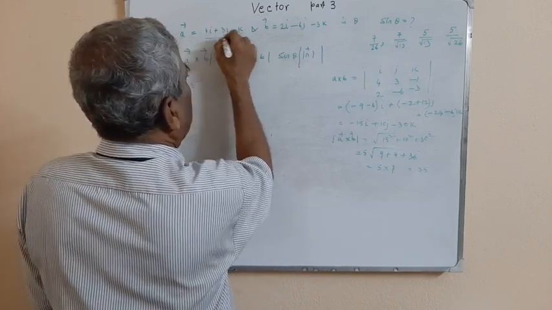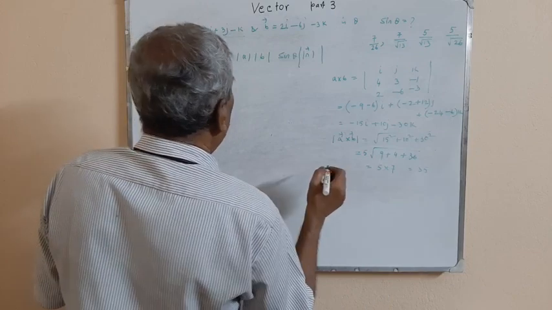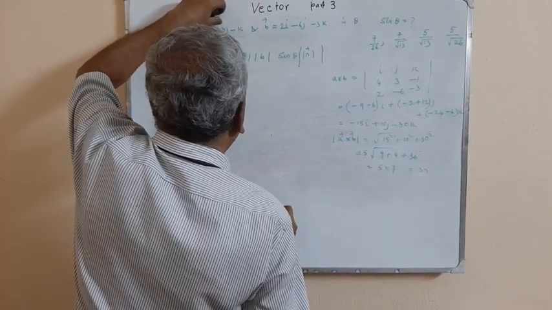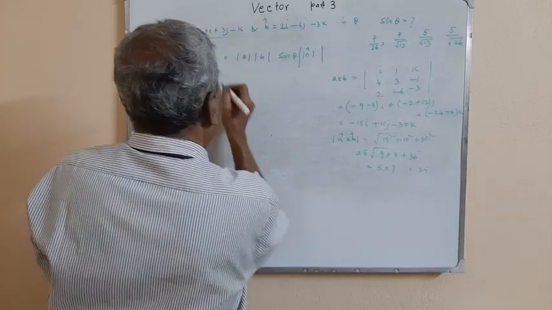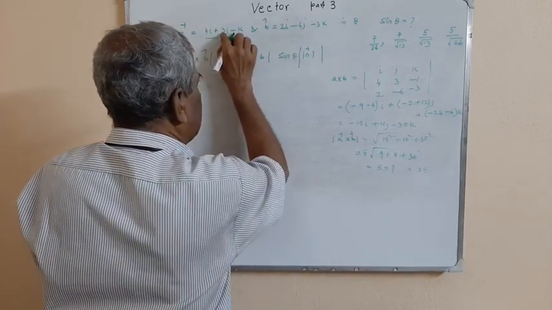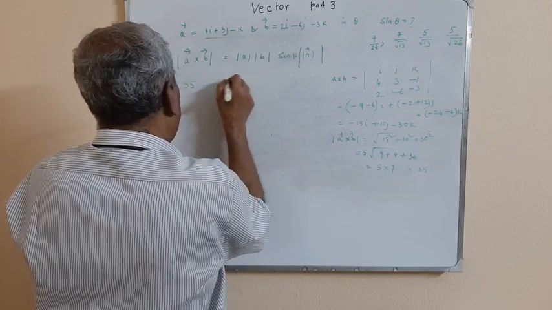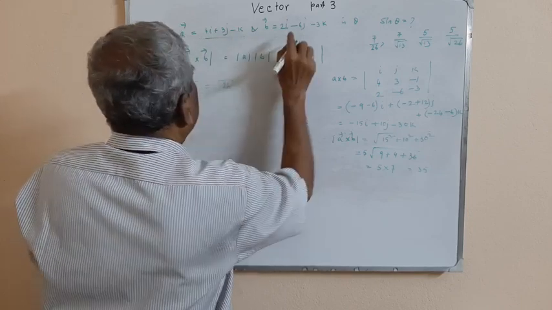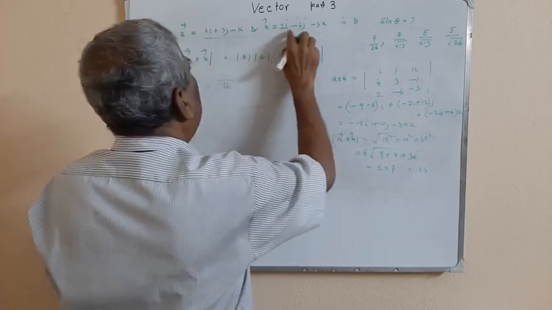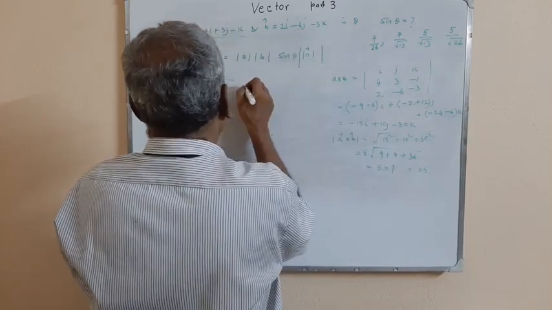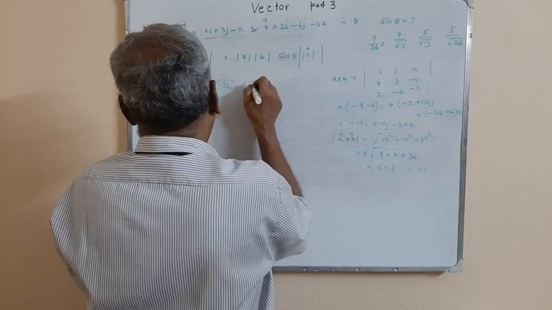The magnitude of A can be calculated from there. Root over of 4 square 16 plus 9 plus 1, that is 16 plus 10, it is root over 26. Then the magnitude of B is 4 plus 36 plus 9, that is 49. Root 49 is 7.